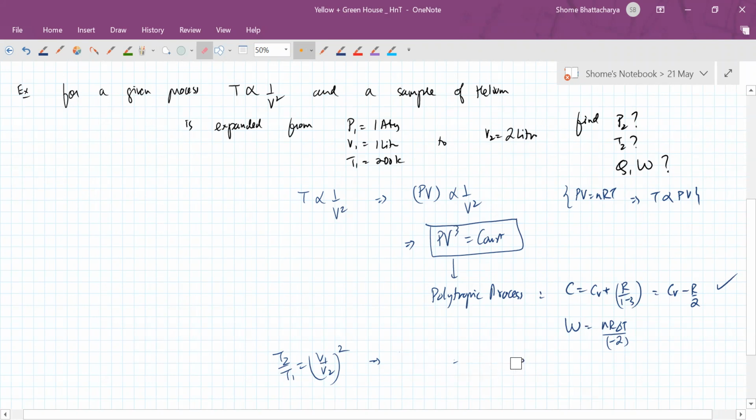Temperature should become one fourth, because I've doubled the volume. So the final temperature should be 50 kelvins. And therefore the final pressure, you see, temperature has become 1/4 and volume has become double. So pressure has become 8 times.